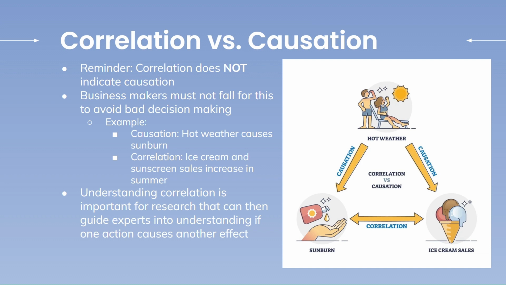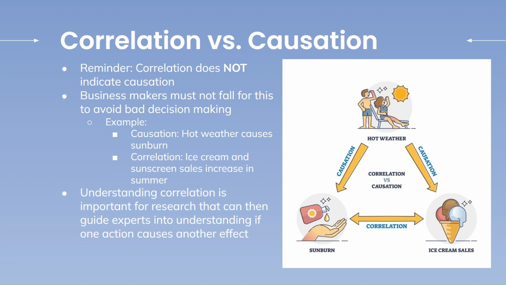And the correlation would simply be that ice cream and sunscreen sales increase during the summer. This isn't to say that ice cream sales cause sunscreen sales to increase or vice versa. Rather, they both correlate because they both have the shared cause of hot weather causing their sales to go up.